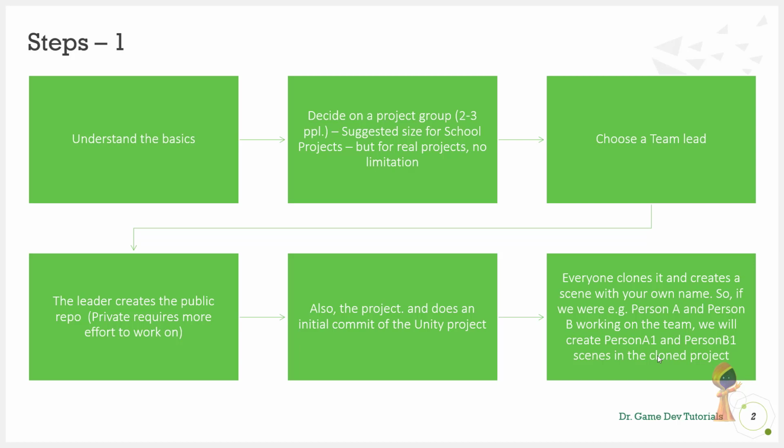Person A can have a scene which is A1, and Person B, another nice name, can work on their scene, B1, in their cloned project. I'm talking about the case of a student team. If you have an actual team project, then you can obviously use a different set of names.